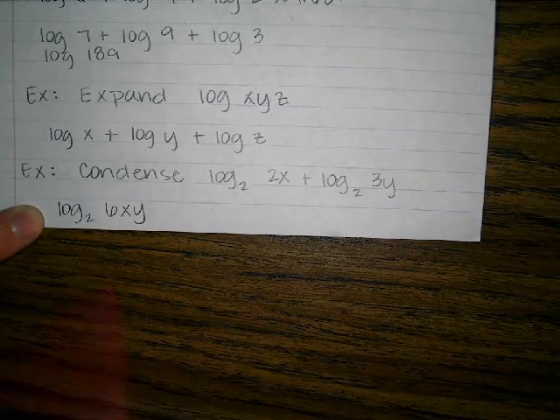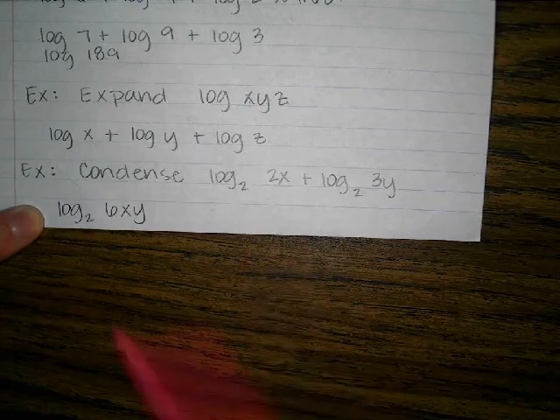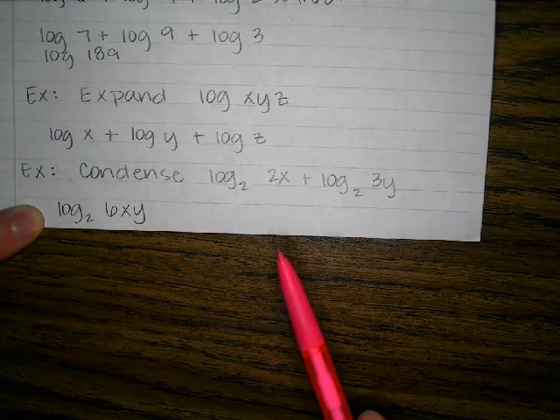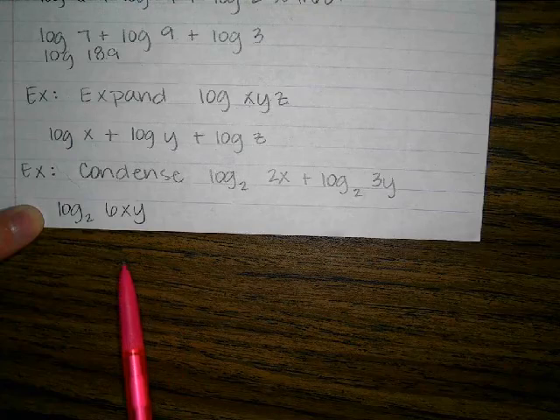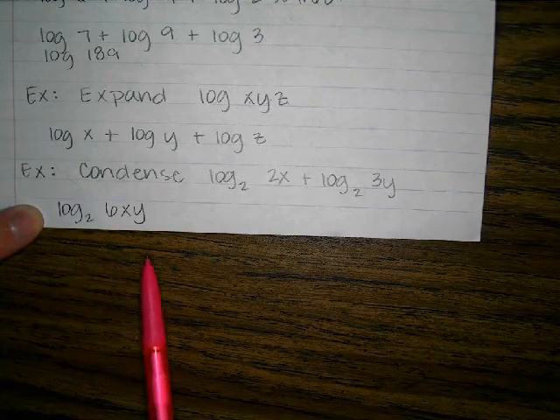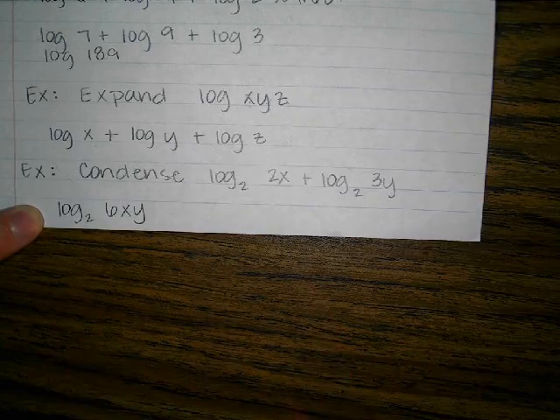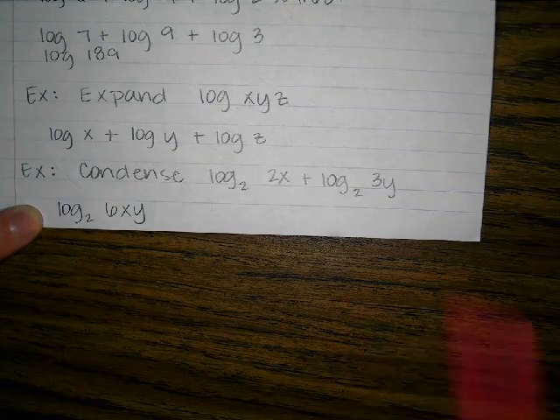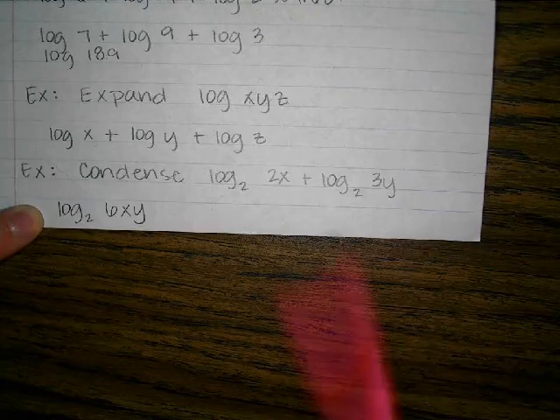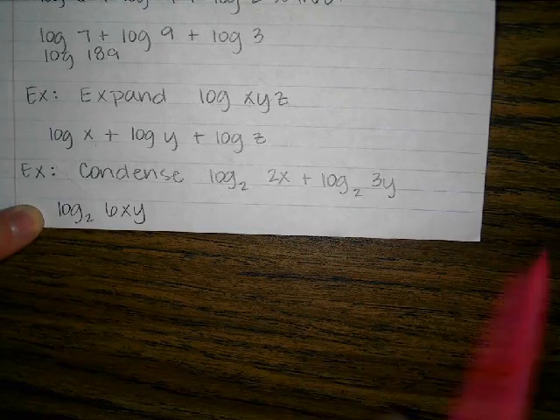This is kind of like a combine like terms sort of situation. They have to be the same term. Now, maybe in upper level mathematics, they might deal with logs that are different terms, but I've literally never seen that. They're always like terms because you're always dealing with a problem where you could actually solve it, which means you're always working with something you can actually condense.